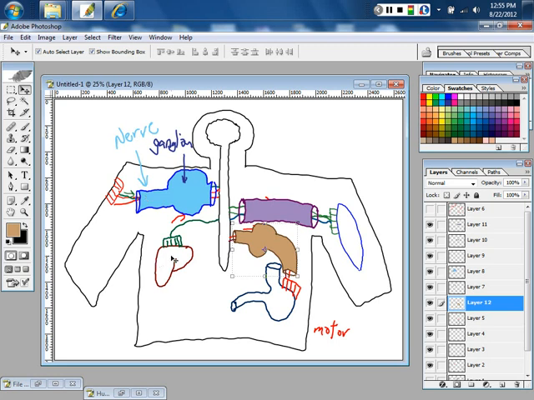Here we have one that senses information from the organs. What is this called? Visceral sensory. Very good. Here we have one that sends information to the muscles: somatic motor. And we have one here that sends information to the organs: visceral motor. Very good, very good.